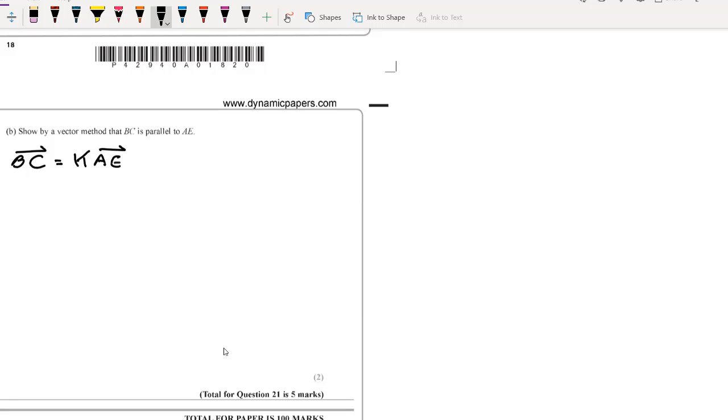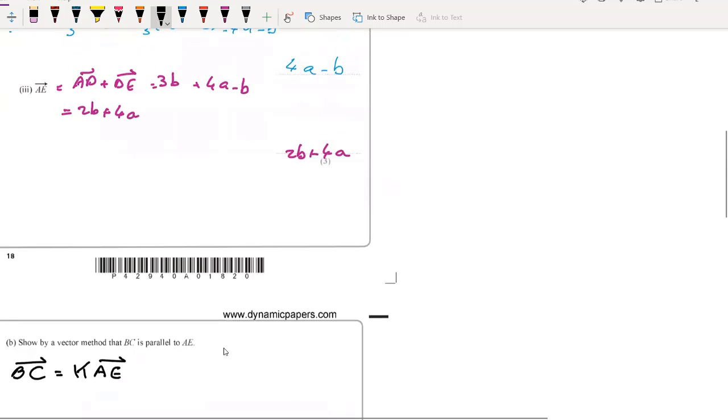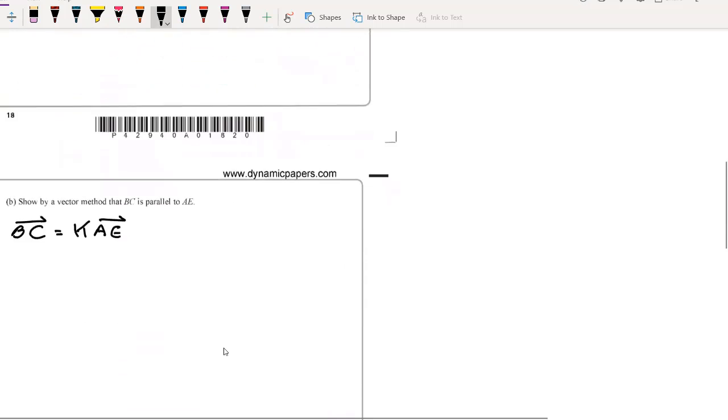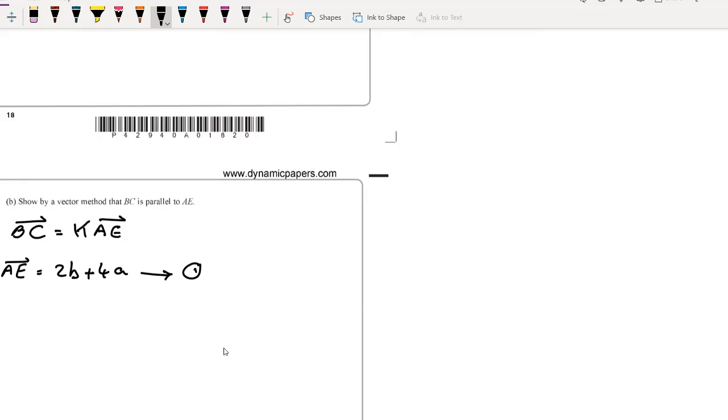If I prove this, if this is proven, then they are parallel. From the previous step, we got that AE is 2b plus 4a. So we know that AE vector is already 2b plus 4a. This is part of the vector method, AE.